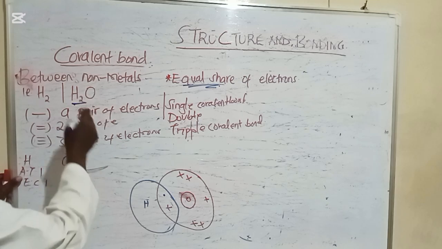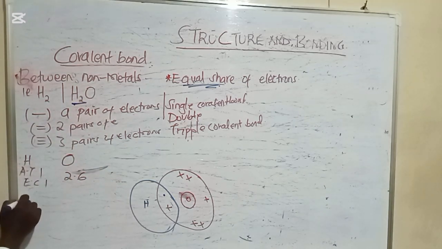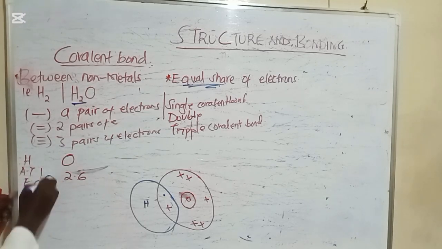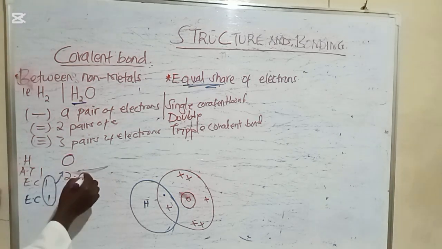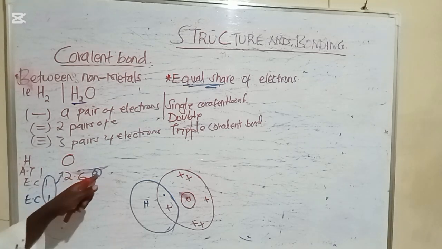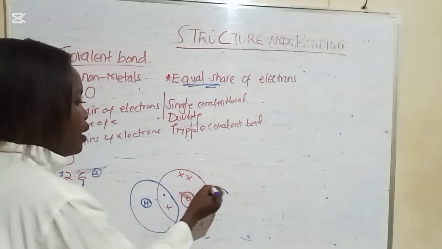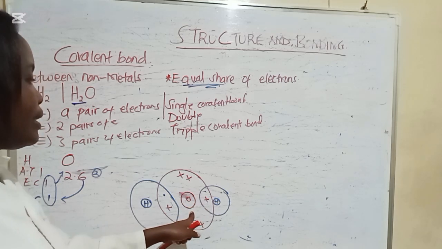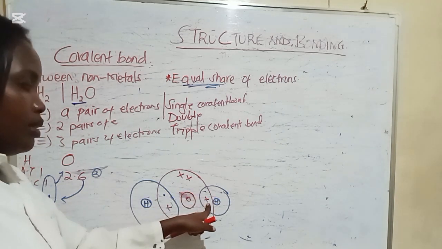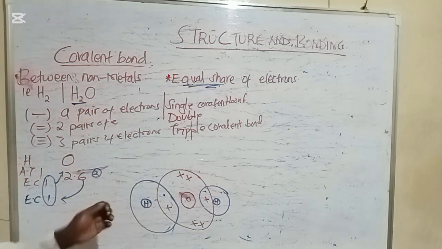The other hydrogen, remember it is H2, so we have 2 hydrogen atoms, one with an electron configuration of 1 and another with an electron configuration of 1, meaning these 2 hydrogen atoms are going to donate the electrons to oxygen, and oxygen is going to do the same by sharing 2 of its electrons. So this is one of the hydrogen atoms, and you're going to have another hydrogen atom that is going to share 1 of its electrons, and in turn it's going to receive 1 electron from oxygen. So this is the structure of your water molecule.